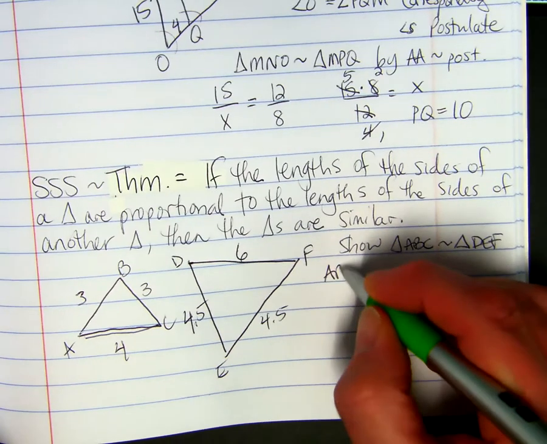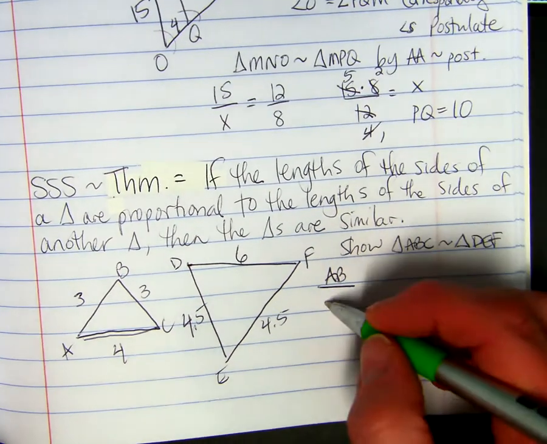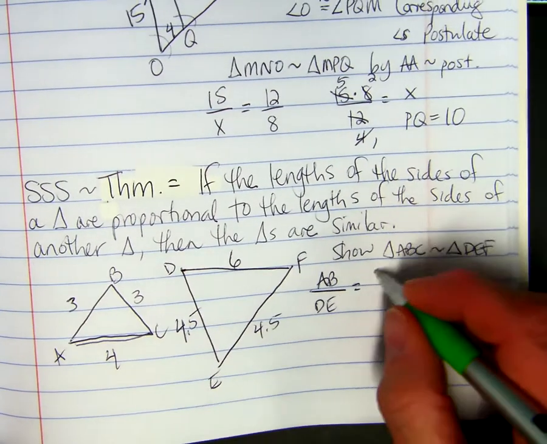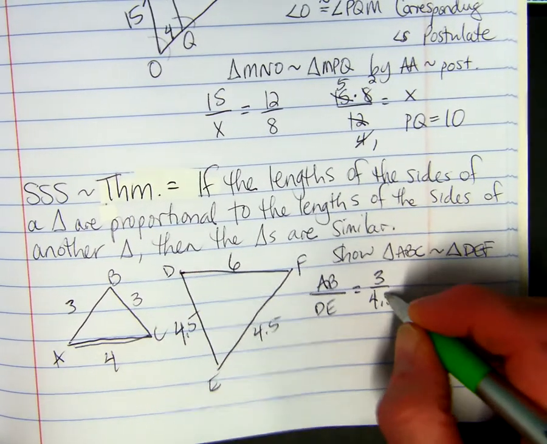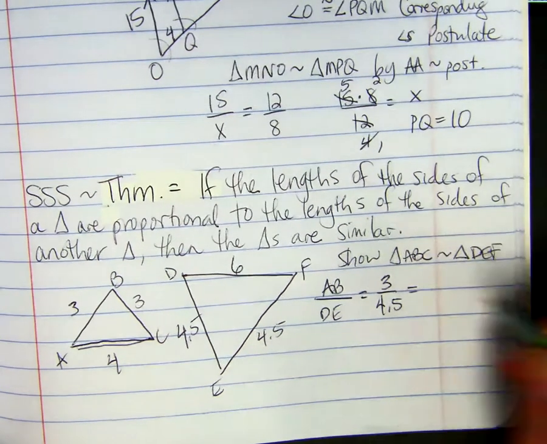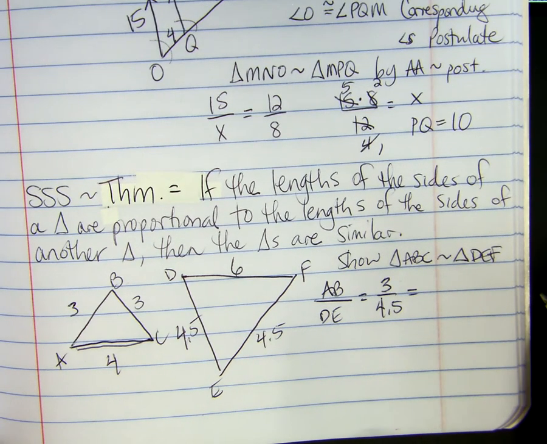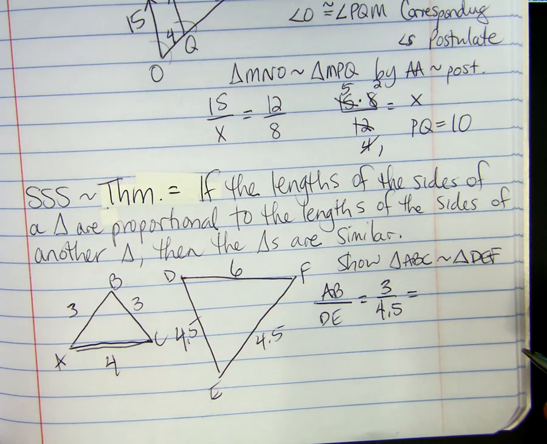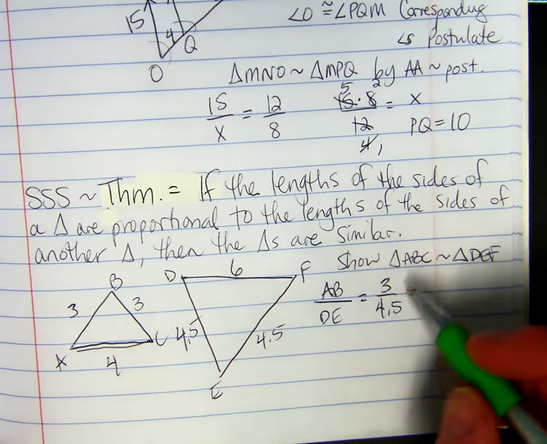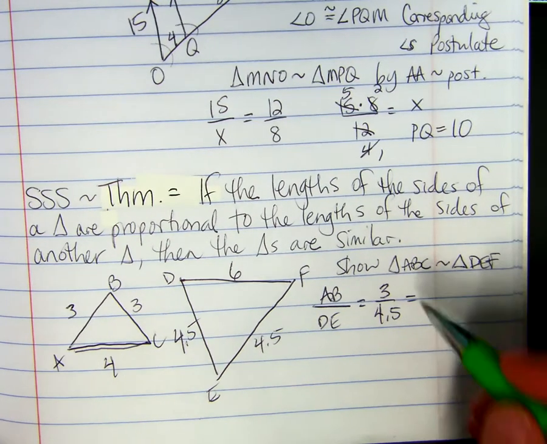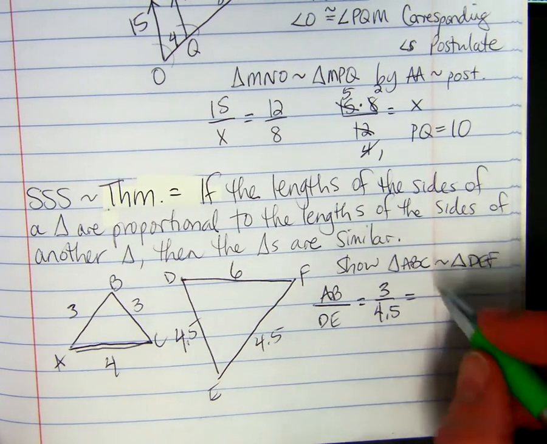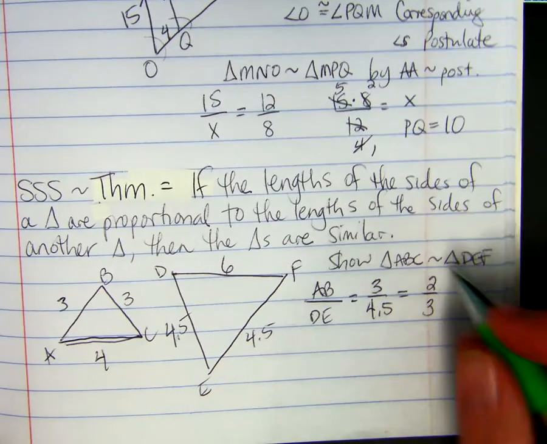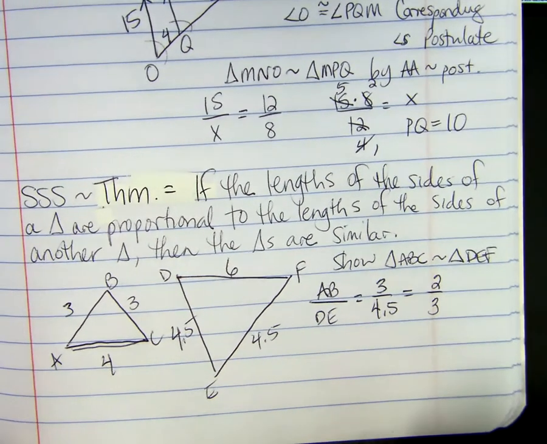So we can say AB to DE equals 3 to 4.5, which equals 2/3. If we times this by 10, it's 30/45, so 2/3, because 1.5 goes into both of those.